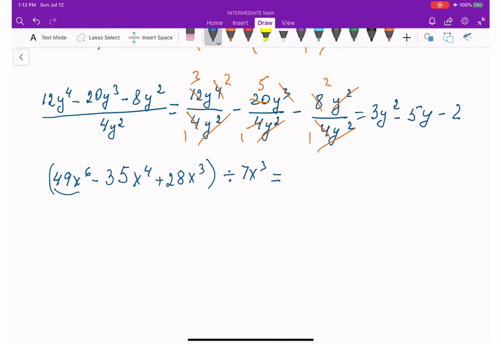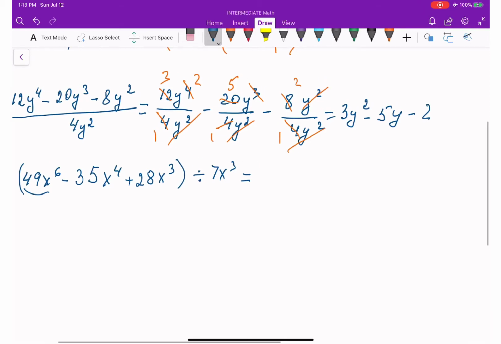Okay, let me rewrite it again as a fraction so it will be easy. Because what if it's not dividing everything? All right, let me do it.